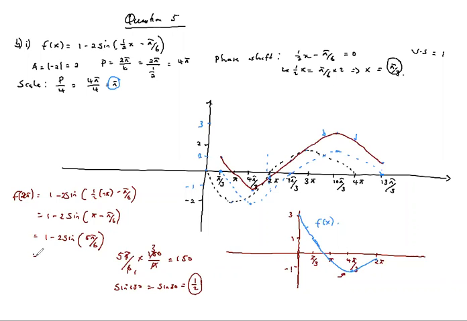So you have 1 minus 2 and then half. So it is 1 minus 1, which is 0. So it must be 0 exactly in that case. So we'll take it to 0 now that we have found it.